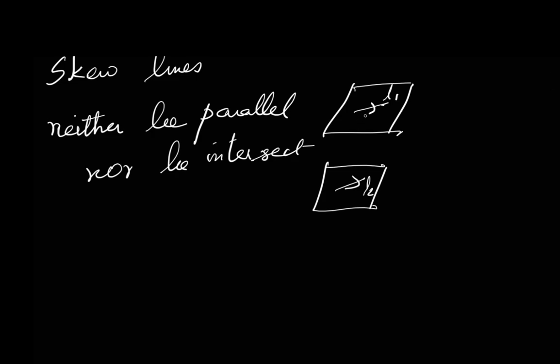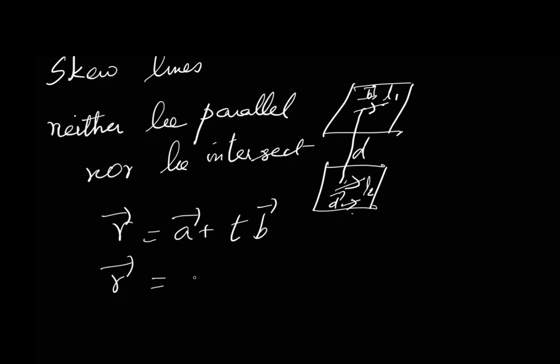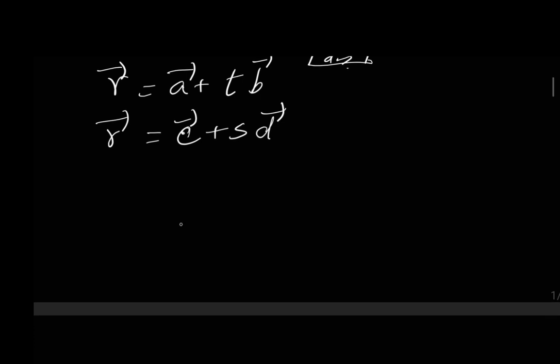So when you find the distance between these two lines, let me take distance d. Here we take the lines because they lie in two different planes. Let me take the parallel vector b for the first line, vector r equals vector a plus t times vector b, and for the second line, vector r equals vector c plus s times vector d. Two different lines, they lie in two different planes.